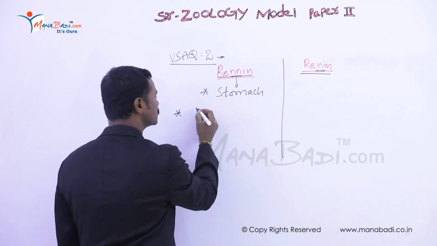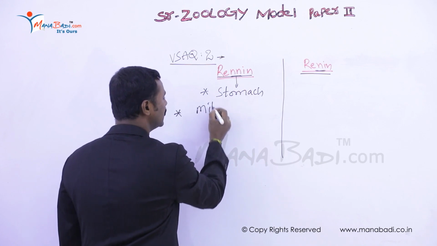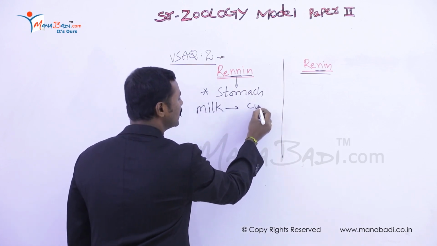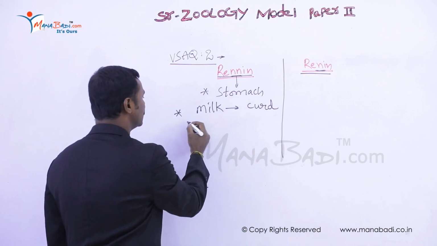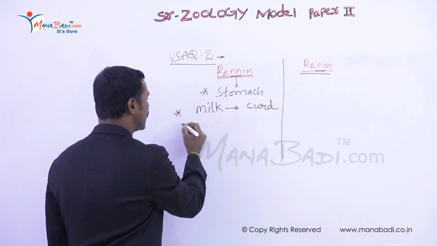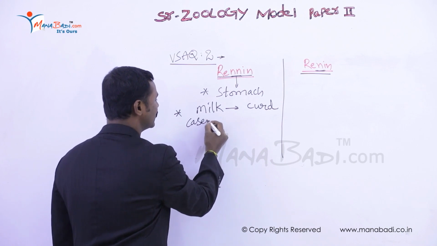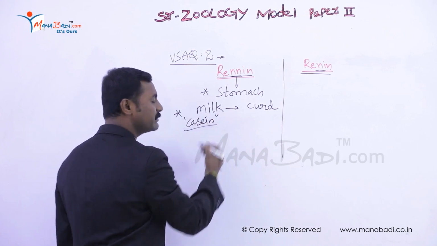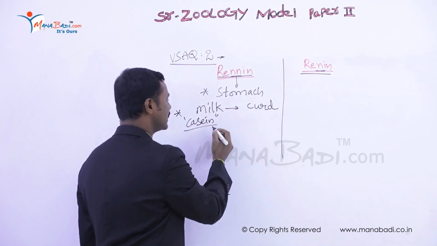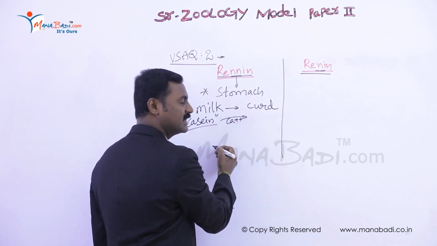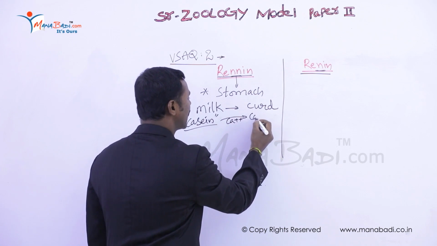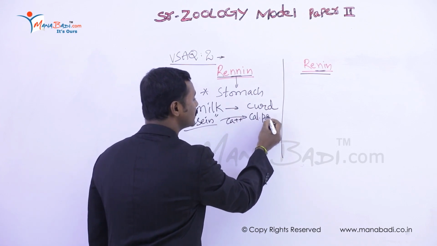It is useful to convert milk into curd. In milk there is a protein called casein. Casein is a milk protein. This casein, with the help of calcium ions, is converted into calcium paracasein.